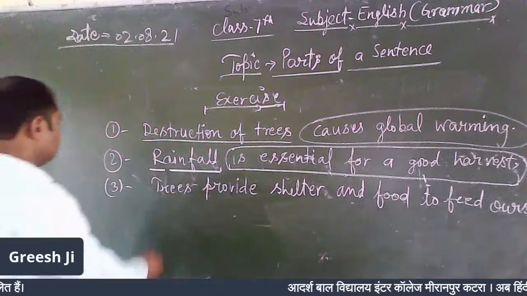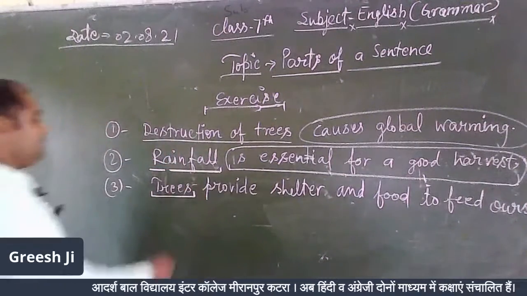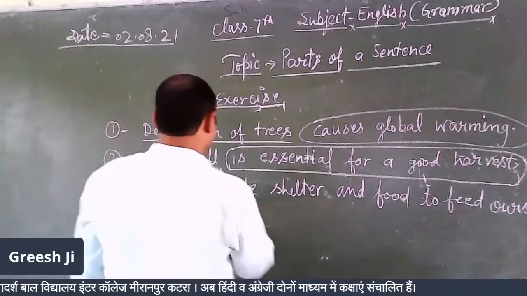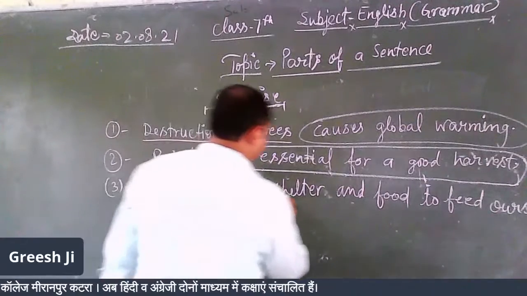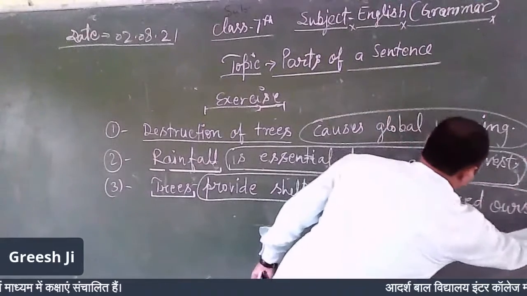Here, the subject part is trees. Okay? And the other words are the parts of predicate. So I circle this part.